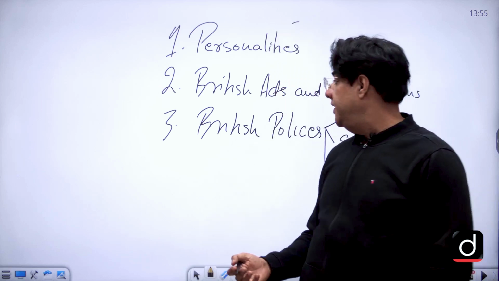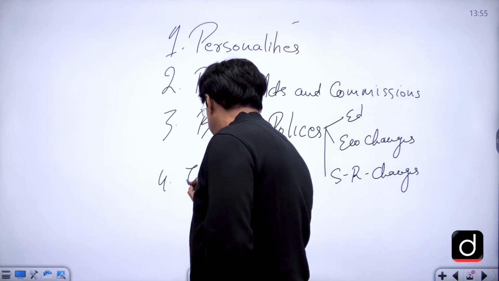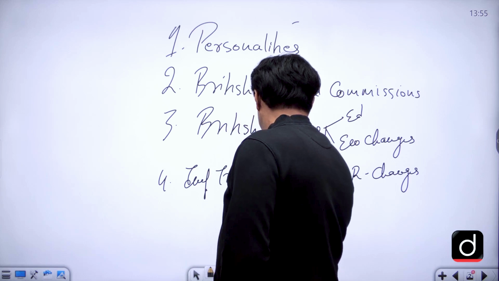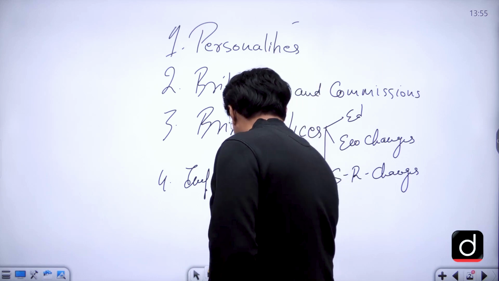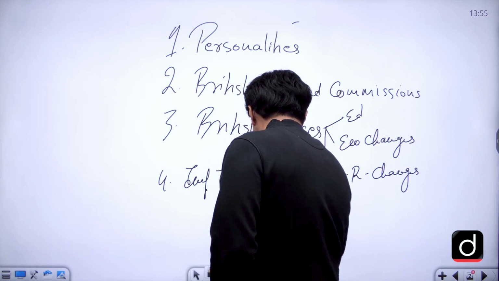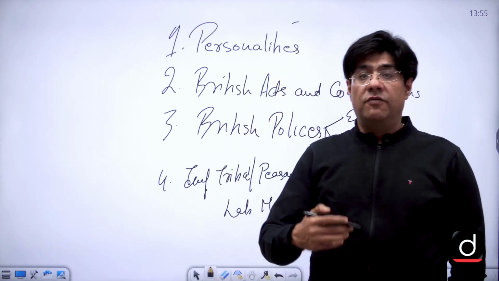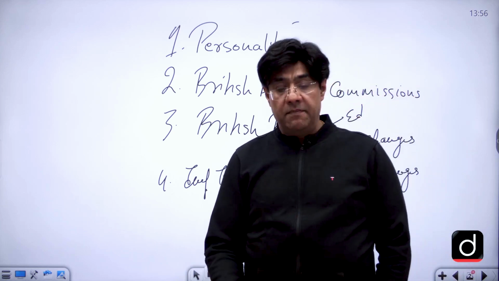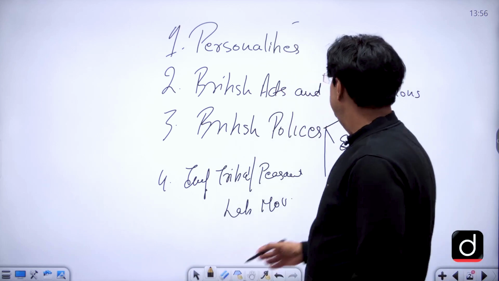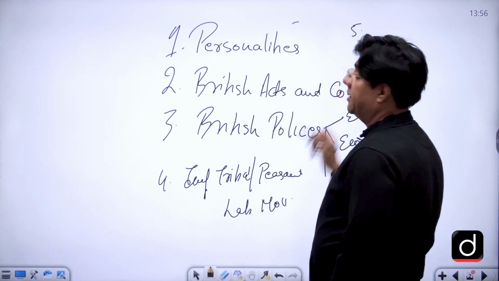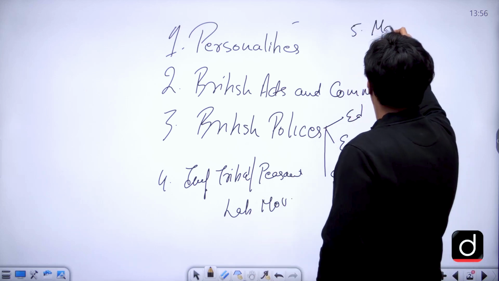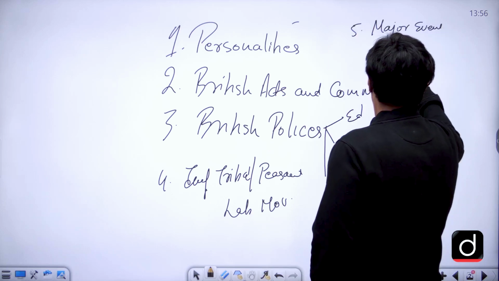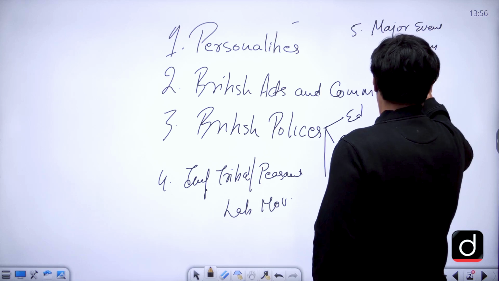Then the fourth theme we can make is important tribal, peasant and labor movements in India. Very frequently the questions have come from here. The fifth important theme that we can make is major events of the freedom struggle.